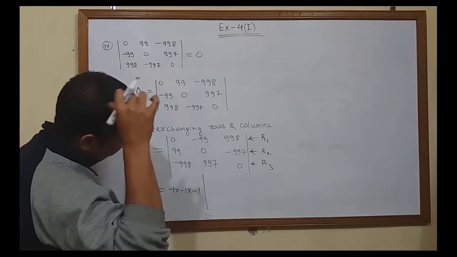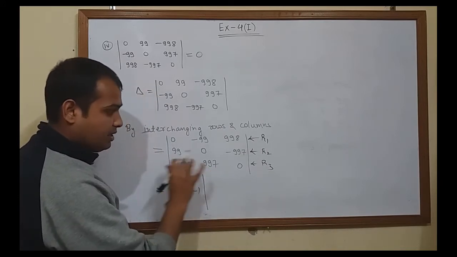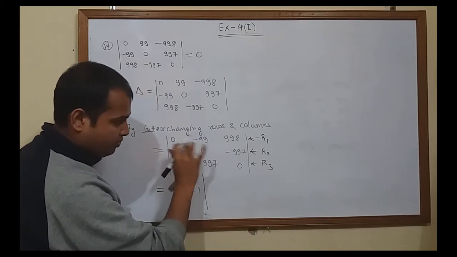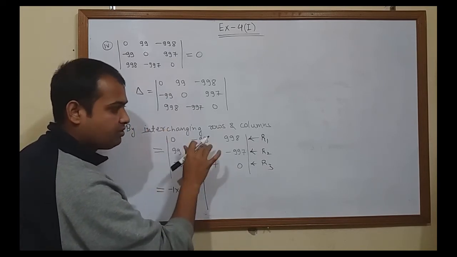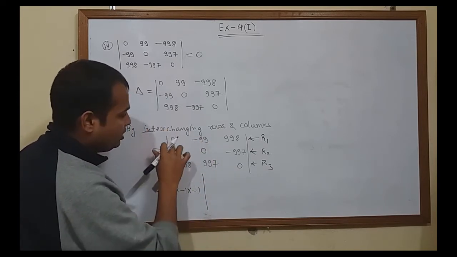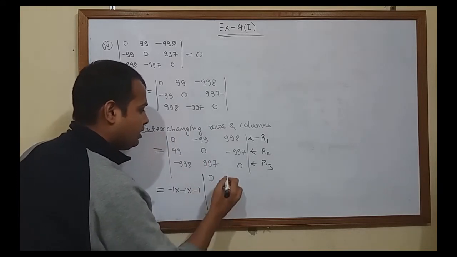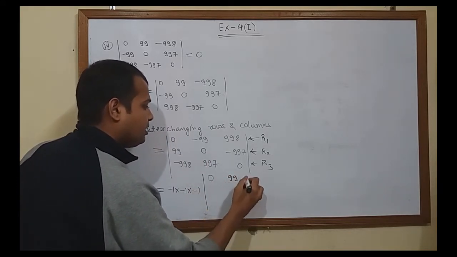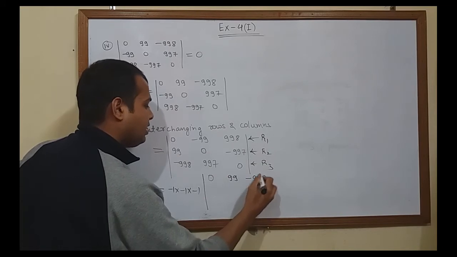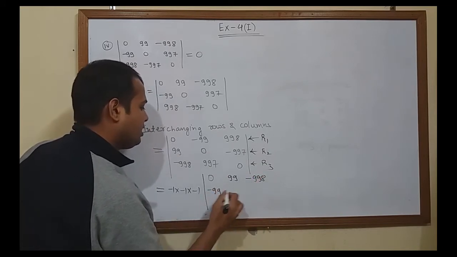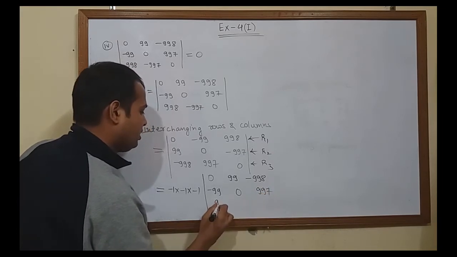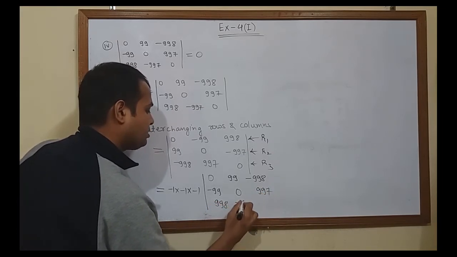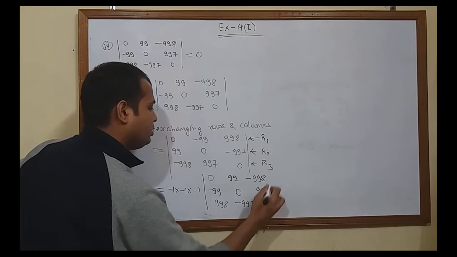Now since I have taken out -1 common from the first, second and third rows, the elements will be left inside with the opposite sign. So 0 will be simply 0, this will be +99 and this will be -998, -99, 0, 997, 998 and -997, 0.